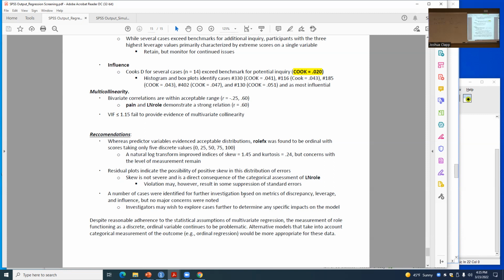So saying despite reasonable adherence to assumptions, measurement, and role functioning being a discrete ordinal variable, is problematic. Almost all of our problems are based on the fact that we've got an outcome measure that's not great. Alternative models that take into account categorical measurements of our outcome would be more appropriate, right?